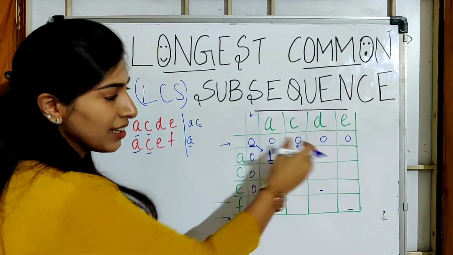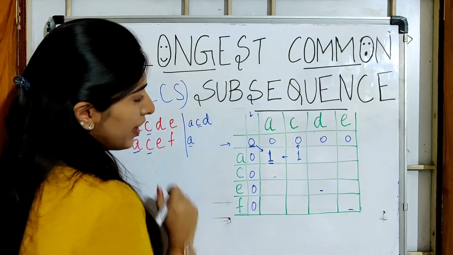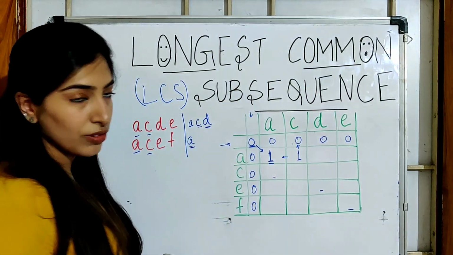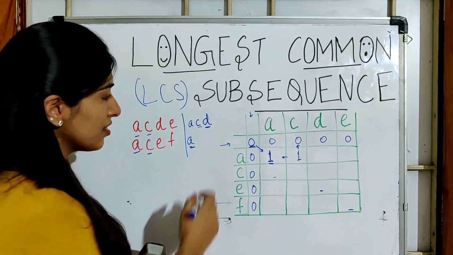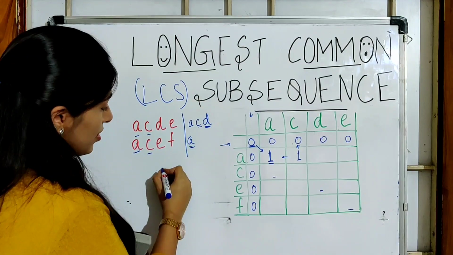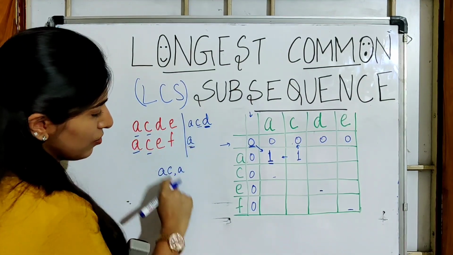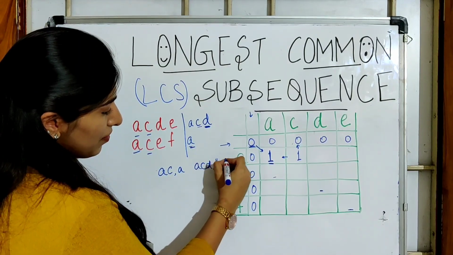Okay, now let's go to the next box and see. So we are including D now. If we include D, we know again this D and A are not equal. Again we have to check whether this D or A can contribute to our answer. So let's check what the subproblems will be now. It will be ACA, excluding this D. And if we exclude this A, it will be ACD and empty.